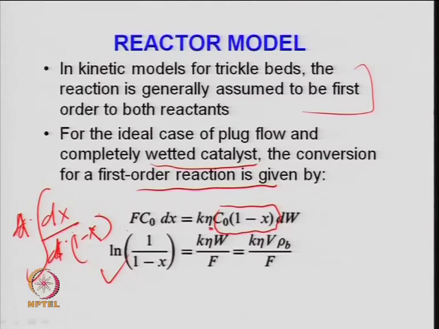The rest of the terms have been taken to the other side. So, you have k, you have eta, and the integration 0 to W is your W, divided by F.